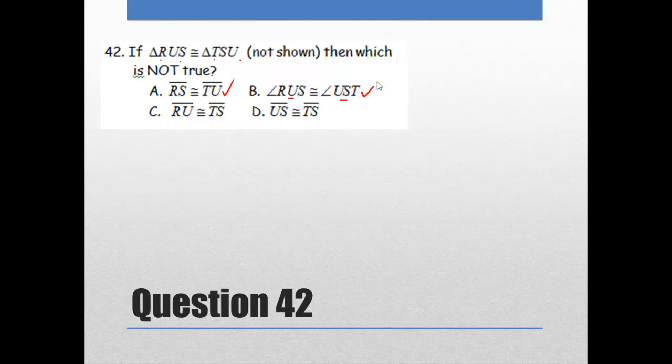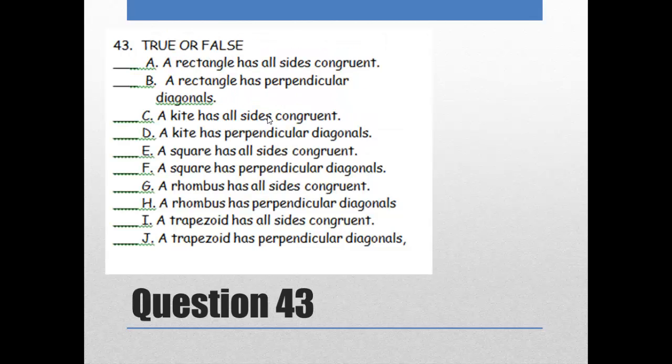So that is all good. RU and TS. RU is the first two, TS is the first two, so that's good. How about US and TS? US and, hey, look, they don't match up. US is the last two and TS is the first two. So we would say D doesn't work. They're not in the right spots.